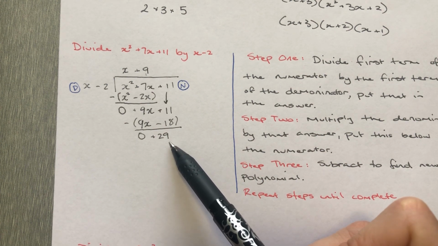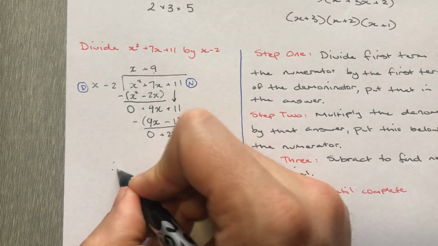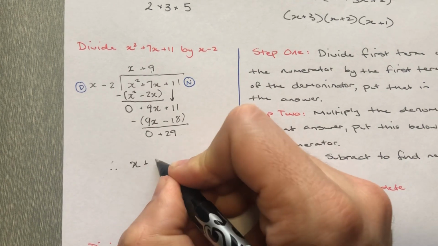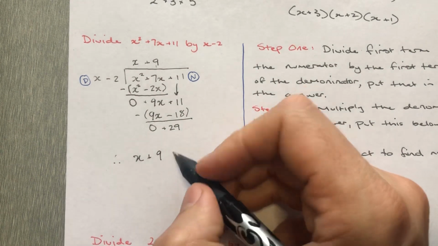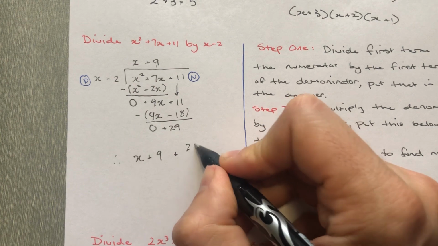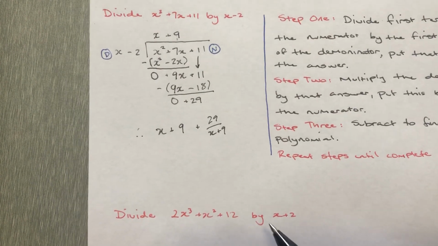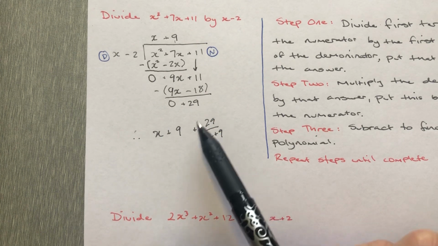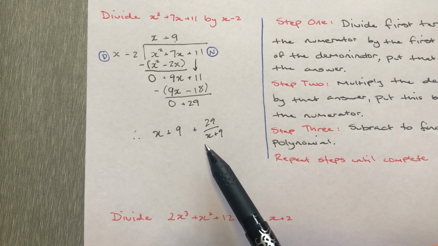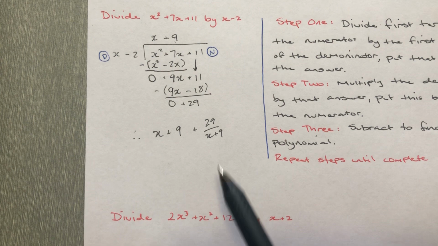So we could actually say that our answer is x plus 9 plus 29 on x plus 9. This shows what your answer is and your remainder as well. Not all of them are going to have remainders, but this one does.